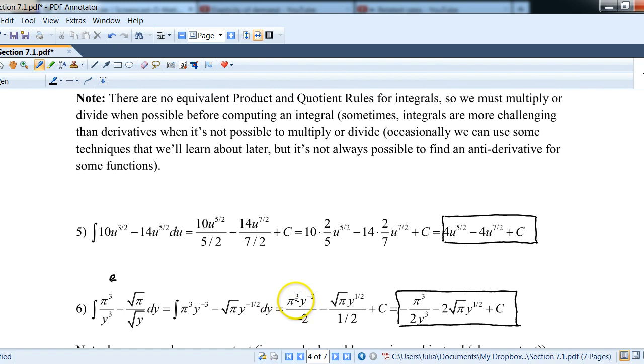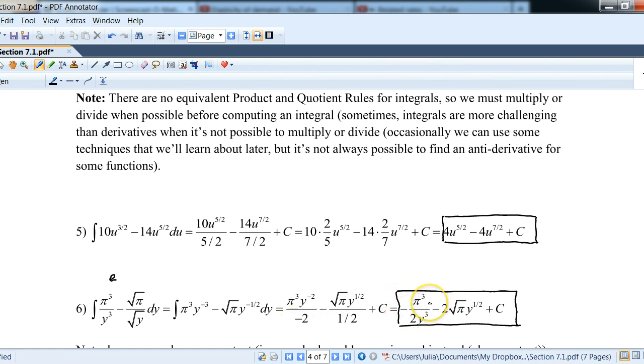So we keep the pi cubed, that's your constant. If you increase negative 3 by 1, that's negative 2 divided by negative 2 minus, keep the square root of pi. Negative 1/2 plus 1 actually becomes positive 1/2 divided by 1/2. So what do we get if we simplify? Usually if it's negative in denominator, I pull it out on the front.